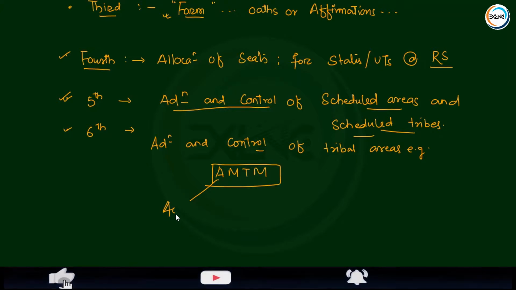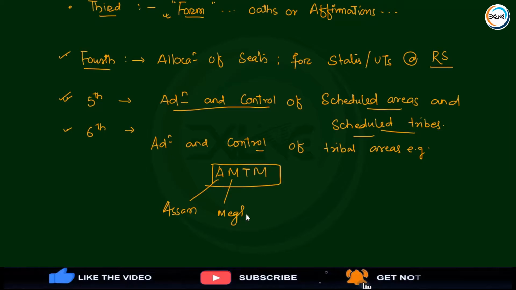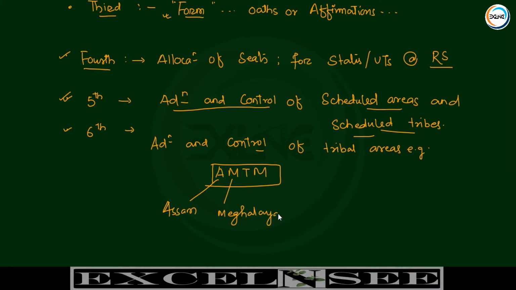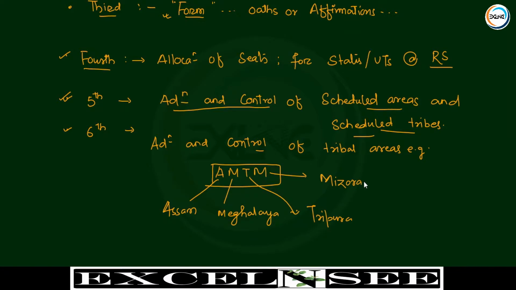A for असम, M for मेघालय, T for त्रिपुरा and M for मिजोरम. ठीक है, तो AMTM is the trick. This is AMTM, basically tribal areas, and that is given under the 6th schedule. So the 5th and 6th schedules are about the administration and control of scheduled areas and scheduled tribes, and the 6th schedule is for tribal areas in AMTM.